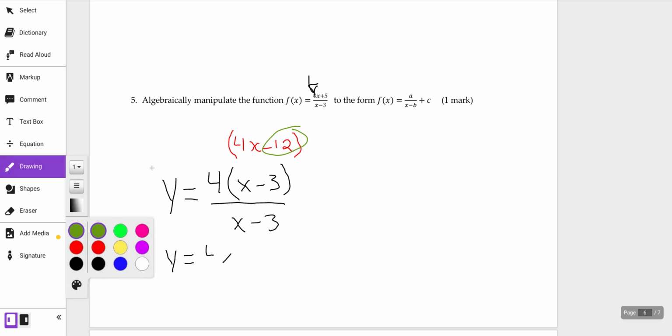I'm taking that plus 5, I'm going to subtract 17, so it becomes minus 12, and I'm going to add 17 to balance out the fact that I subtracted 17. So it now looks like this. 4 times x minus 3, so that's after I GCF the 4 out, and then I would still have the plus 17.